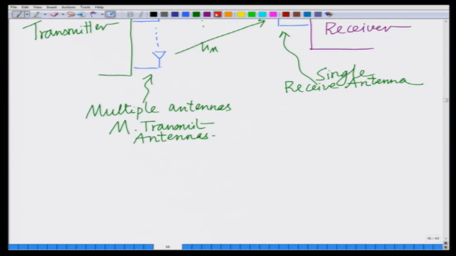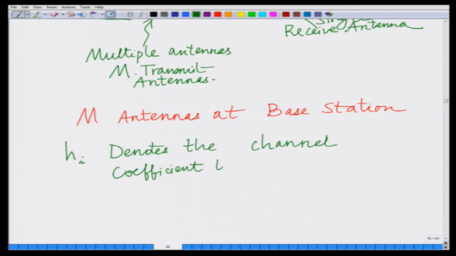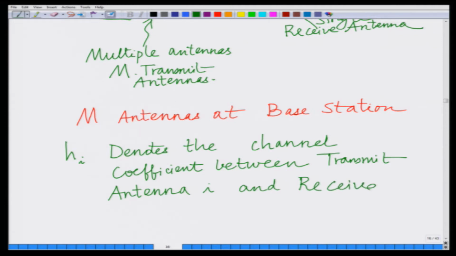So, basically we have M antennas at the base station, and Hi denotes the channel coefficient between transmit antenna i and the receive antenna.